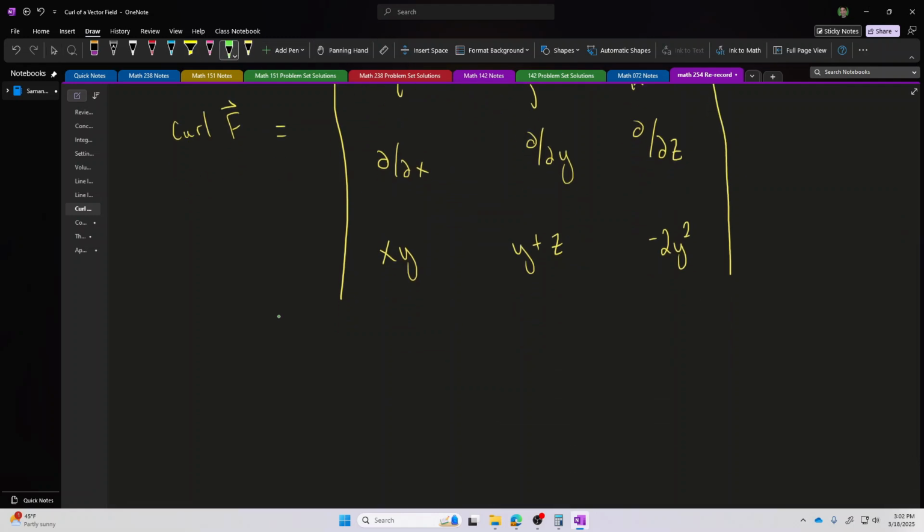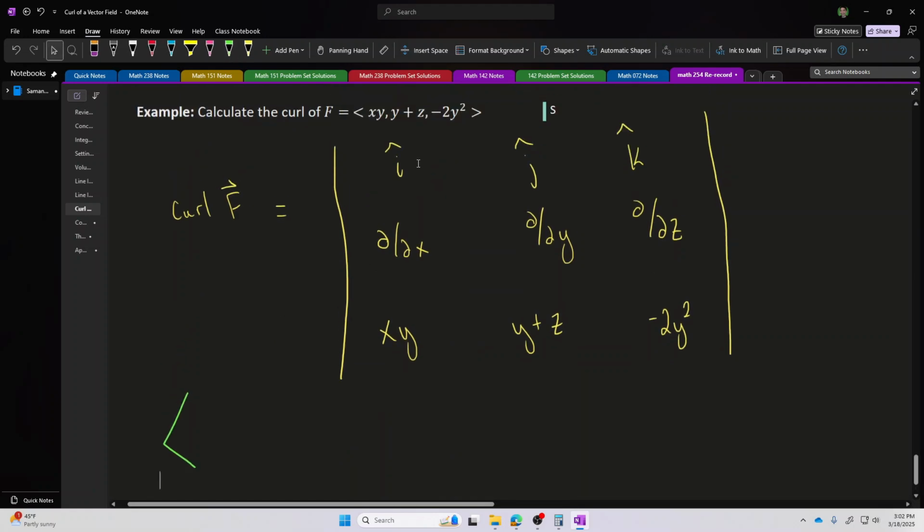So if I look at the entry that will show up next to i hat, giving me the x coordinate, this will be the partial with respect to y of negative 2y squared. So that would be negative 4y. And then we'll subtract the partial derivative of y plus z, that partial with respect to z. So that partial derivative will just be 1 from the partial derivative of z. So I have negative 4y, subtract 1.